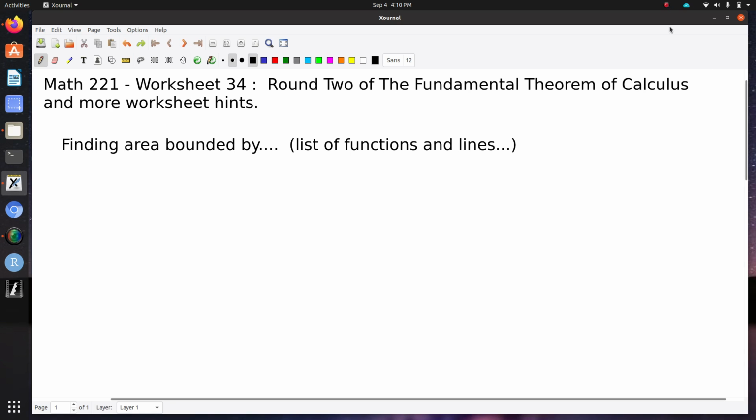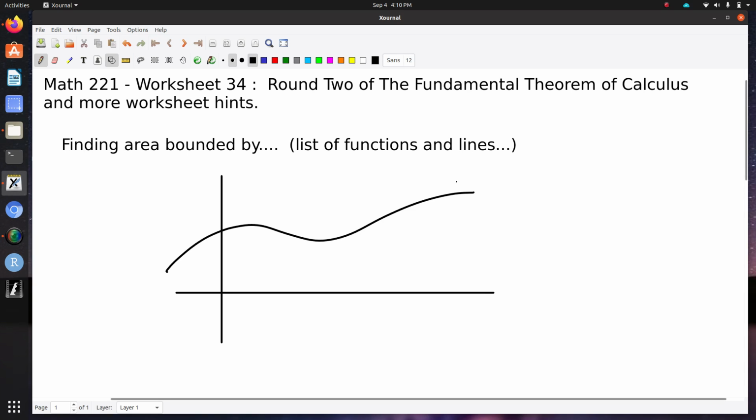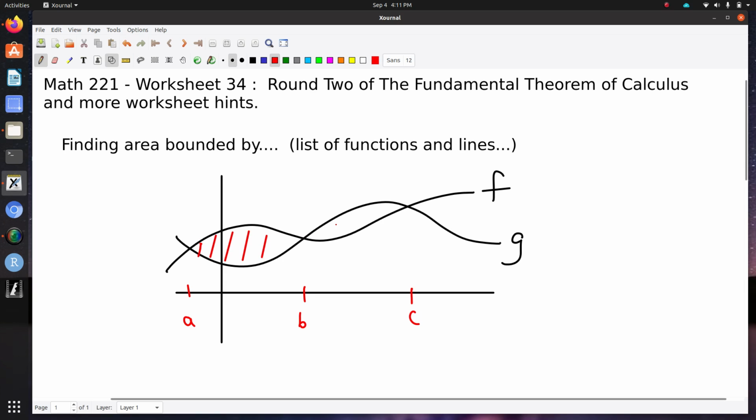Okay, so there's a whole category of questions where you're finding the area bounded by some list of functions and lines. So you can have a function f and a function g, and the first thing you need to do is figure out where they cross. Okay, so maybe they cross at A, B, and C, and then they never cross again, so that the only area bounded between these curves are as follows.